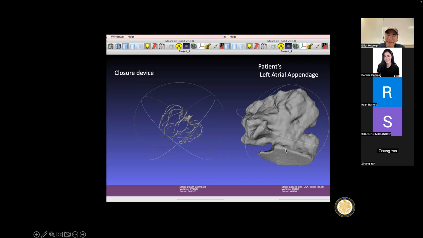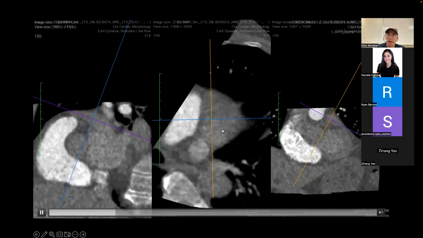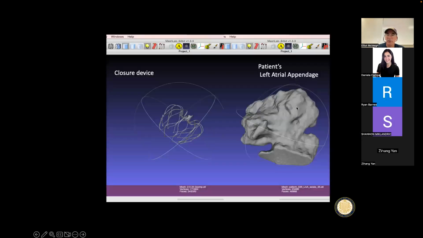And they'll put this thing into this hole and block it, right? It's like a plug, and you hope for the best that the tissue around here will endothelialize on this plug, and it just grows into there, and then no blood exchanges between the left atrial appendage and the left atrium. It just blocks it off.